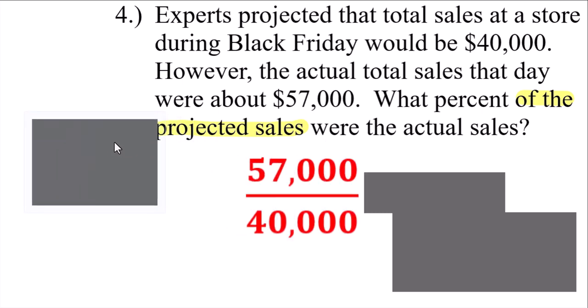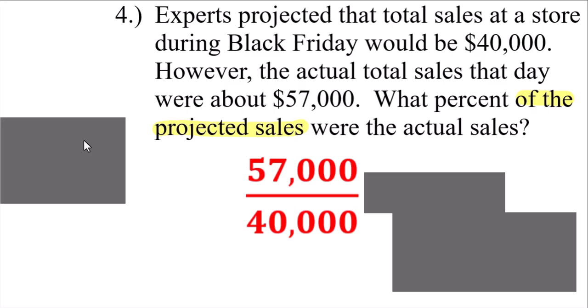And so this is one of those rare examples where it should end up being over 100%. Because think about it. They thought it was going to be $40,000, but it actually ended up being more than that. 40,000 is 100% of itself, but this ended up going more than that. So yes, the part is more than the original total, the original whole amount they projected.